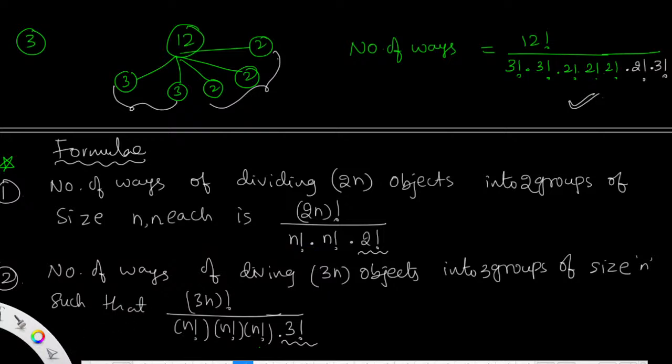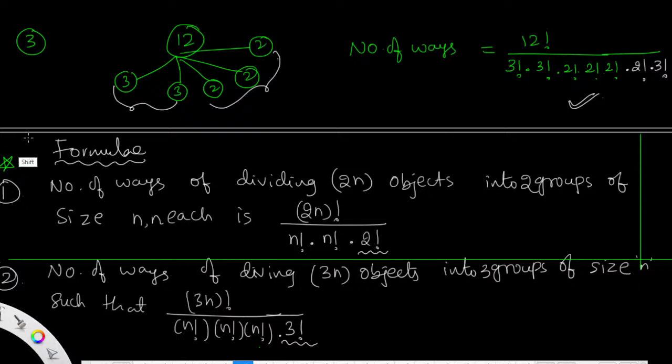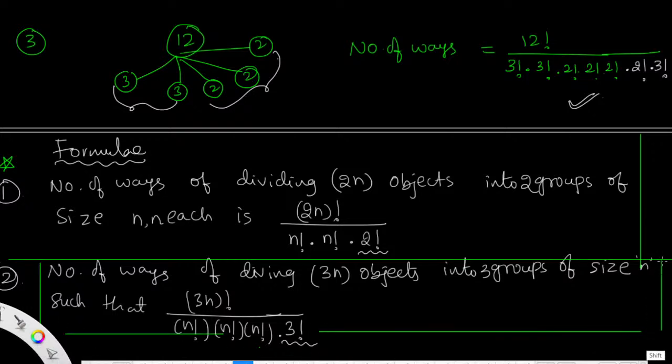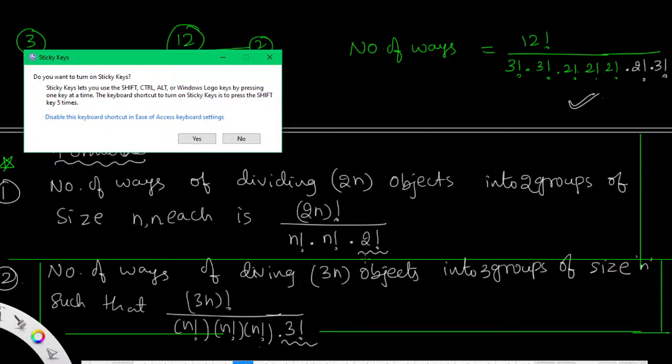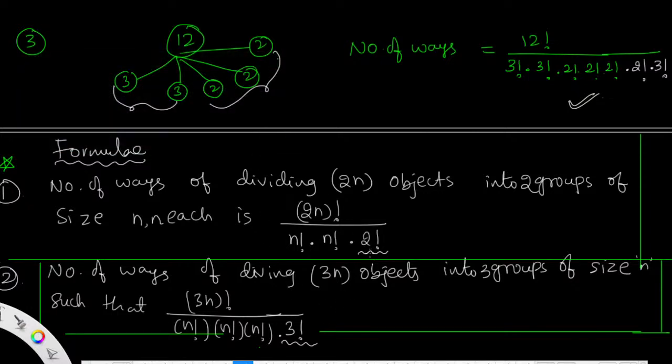Okay. So observe first whatever the conditions are given; both are two expansions, most important formulas. If there are two groups of equal sizes, multiply with 2 factorial in the denominator. If there are groups of size 3 and objects are there, then you have to divide with 3 factorial. That is 2n means here n and n, and that can be divided into two groups.